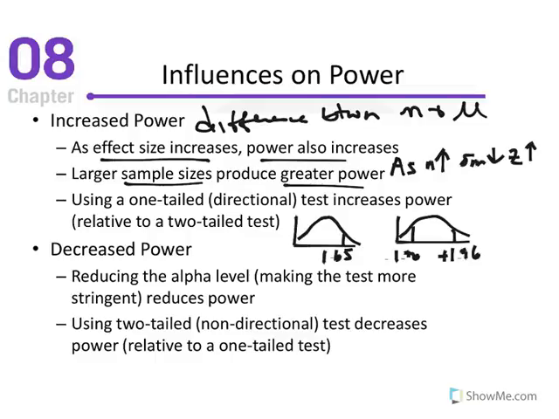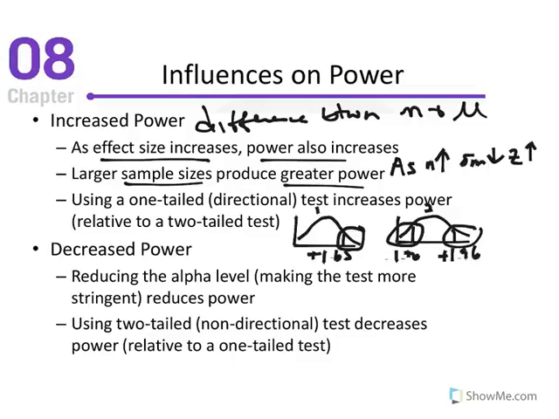Notice that the z-score is much higher for two-tailed. This is one-tailed, this is two-tailed. So the area in the critical region is larger for a one-tailed versus a two-tailed test. That region is smaller for two-tailed because it's split between both tails, and obviously the z value is larger.